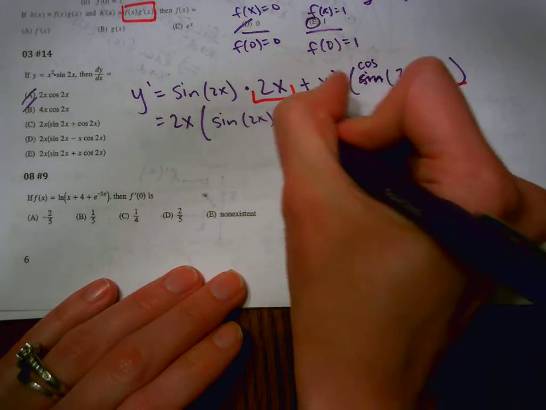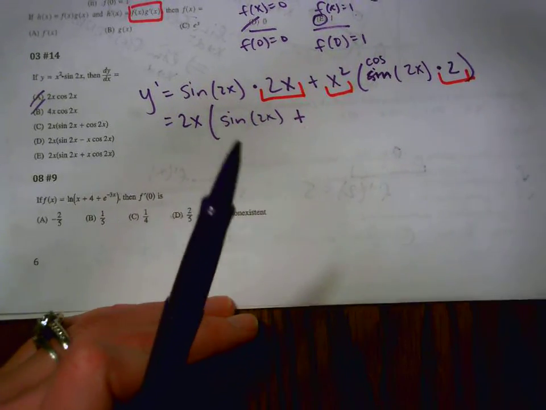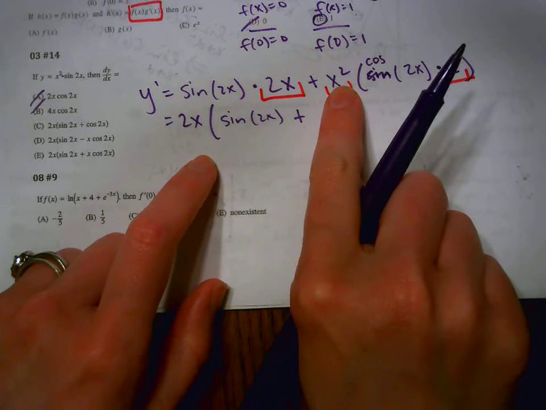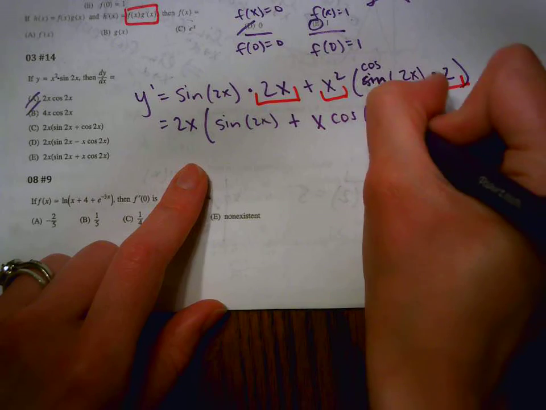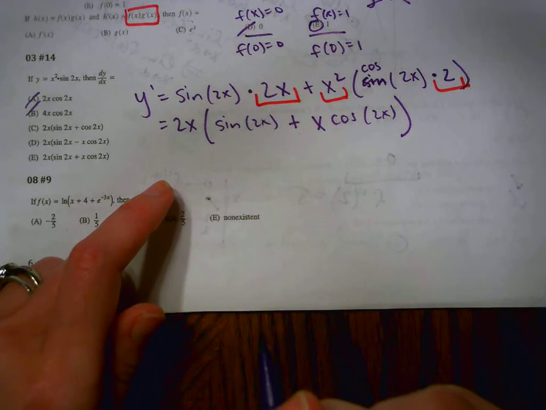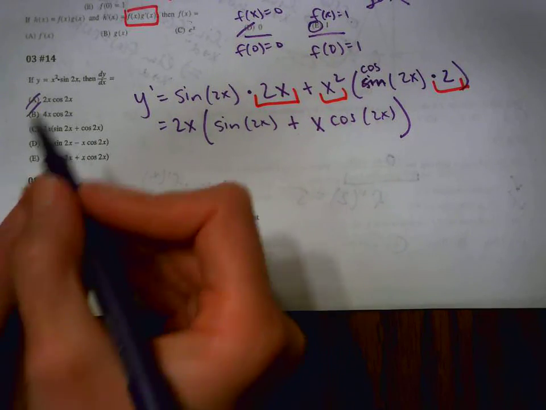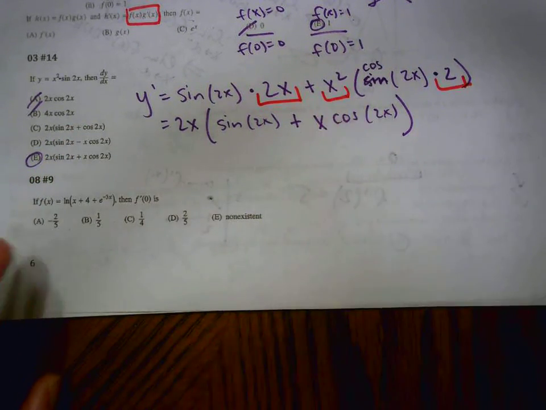So then we're left with plus, we took out the 2, and we took out one of these x's, so you're left with still an x, and then your cosine 2x, which would be answer B. This one doesn't have that extra x from the x squared.